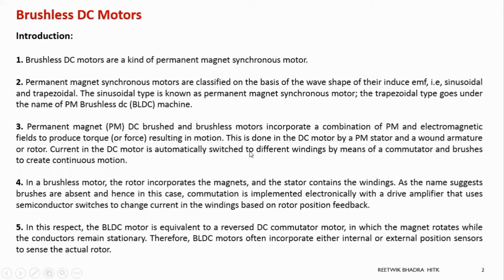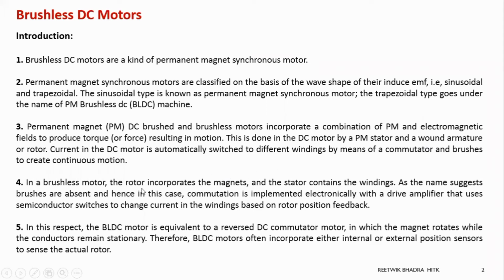That means we have a power electronics converter, and commutation is done through that only. So in the DC motor, a stator and armature are used, and over here it is a combination of the permanent magnet and electromagnetic field. Again, same thing, but the extra thing present over here is a power electronics device which helps in the commutation.